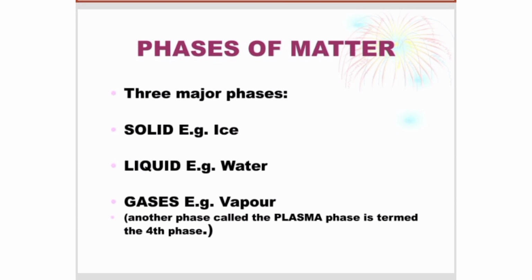Lastly, we talk about the gaseous phase. It is the state of matter which neither has a definite shape nor a definite volume. It has relatively non-existent intermolecular forces.